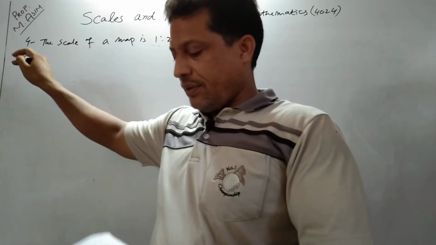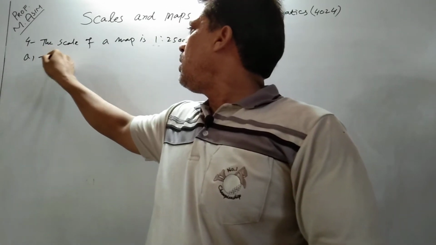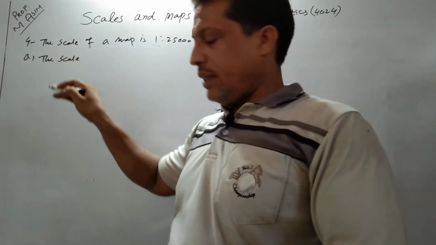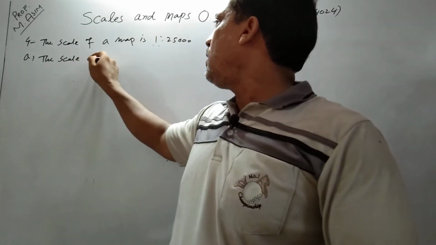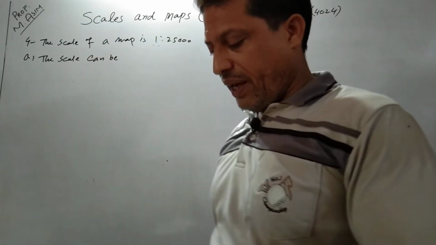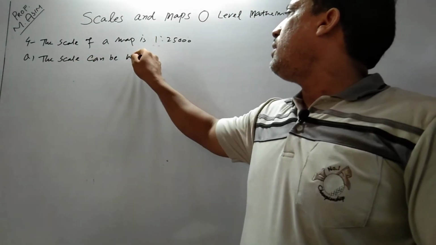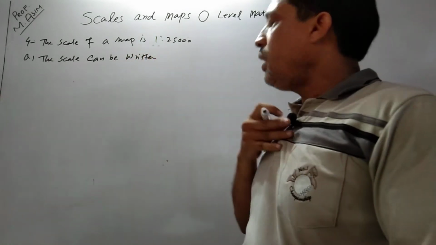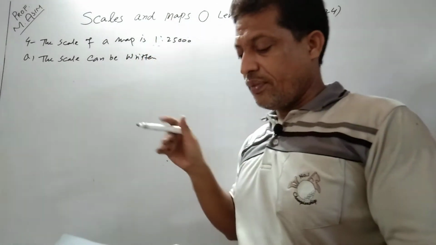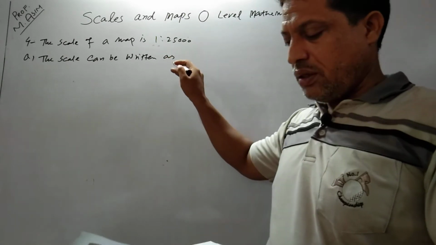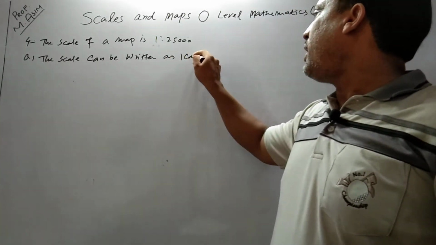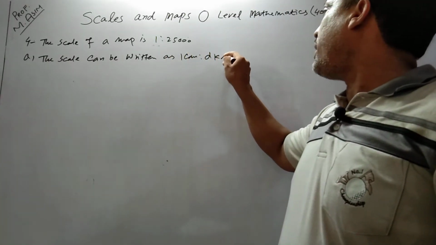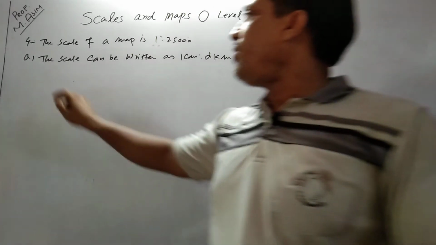Part A. The scale can be written as 1 centimeter to d kilometer. Find d.